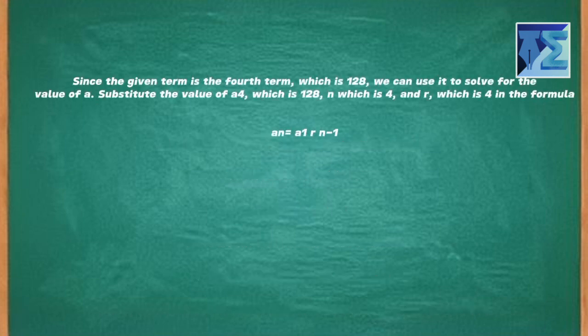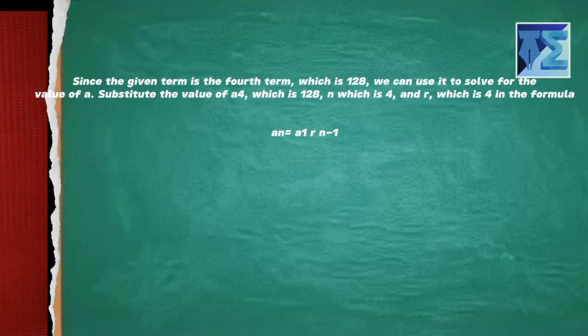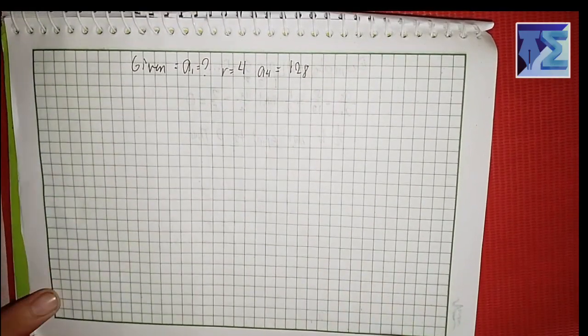Since the given term is the fourth term, which is 128, we can use it to solve for the value of a sub 1. Substitute the value of a sub 4, which is 128, n, which is 4, and r, which is 4, in the formula. So the given: a sub 1 is unknown, common ratio is 4, and a sub 4 is 128.